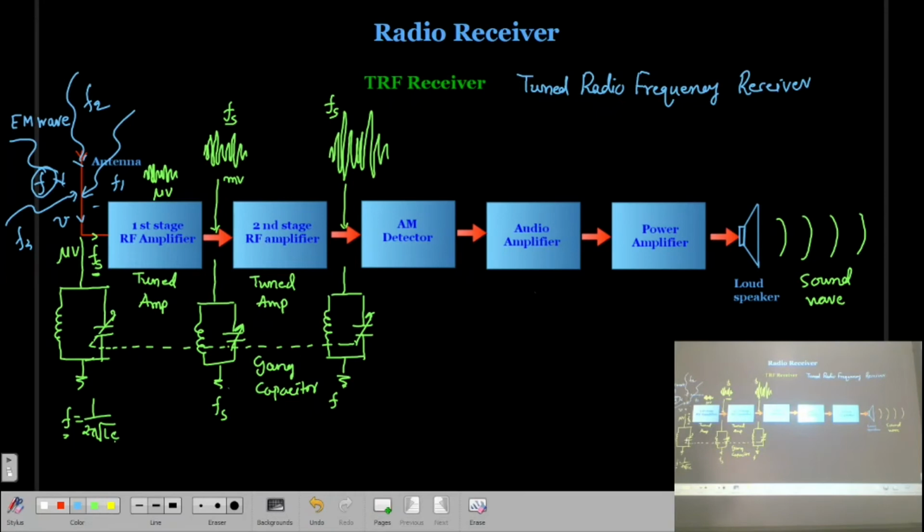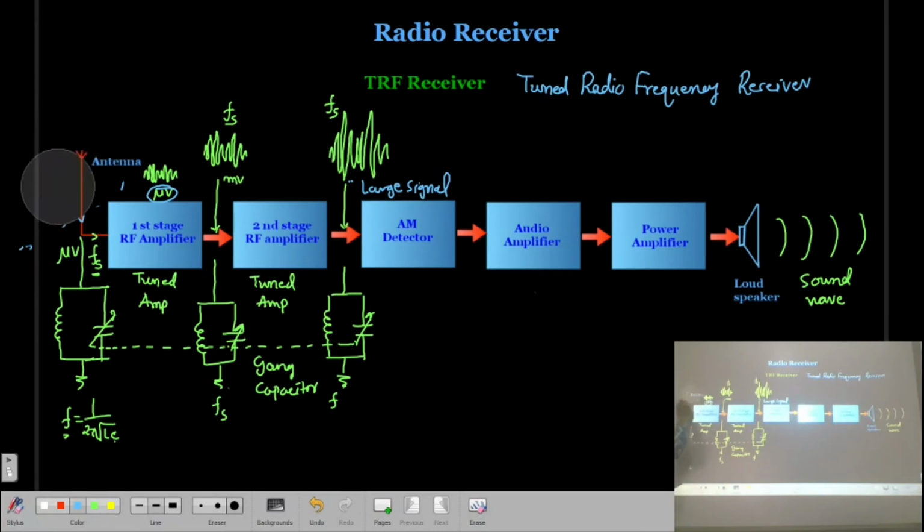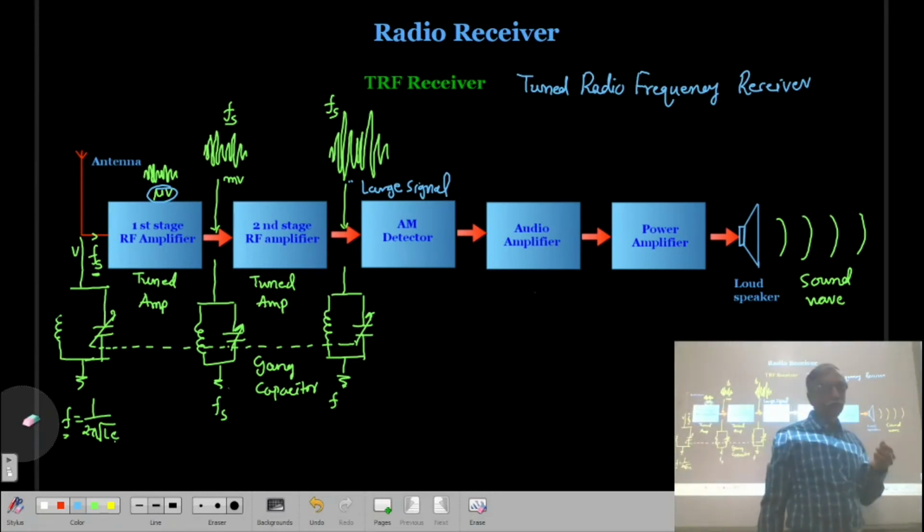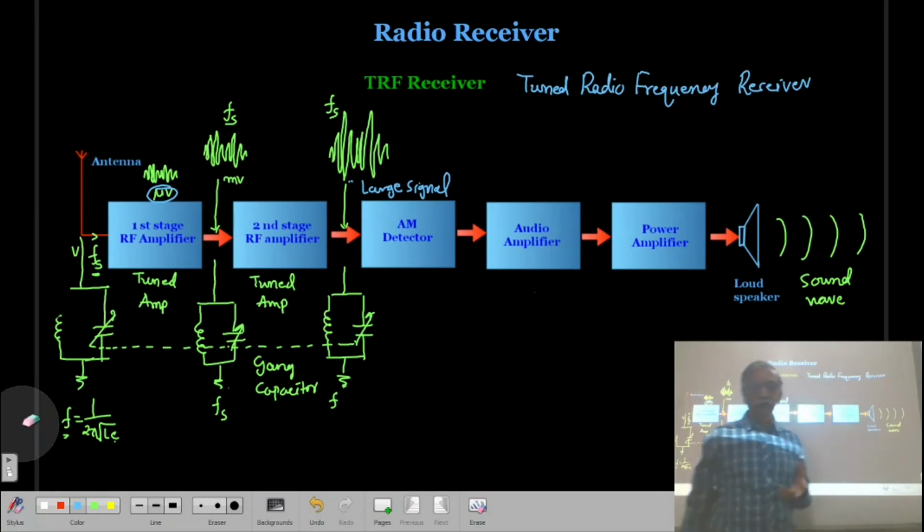So what will happen? Here the input signal is very weak, and here the input signal is a powerful, large signal. Remember, the antenna is very sensitive, which means it will pick up signals in the order of a few microvolts.